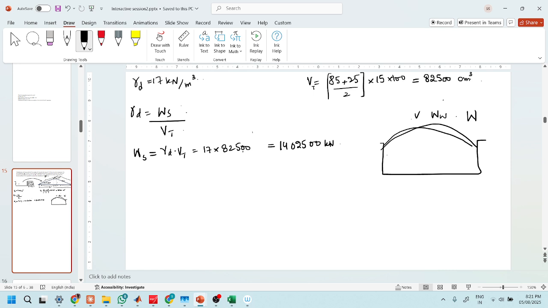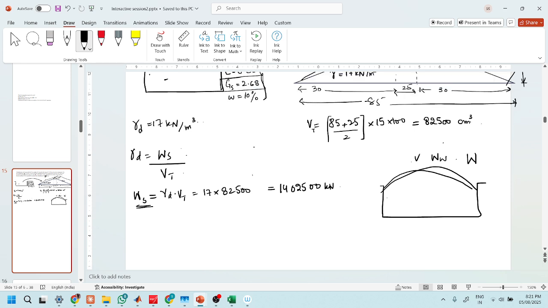Okay, so Gs has been given, which is 2.68. We know Ws. So Gs equals the weight of solids over volume of solids.